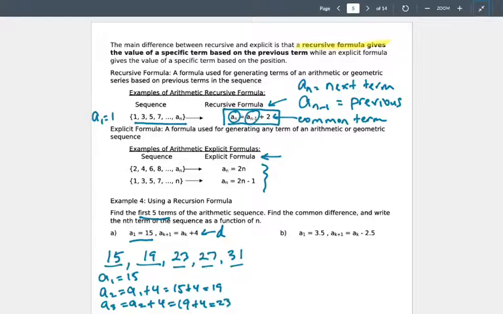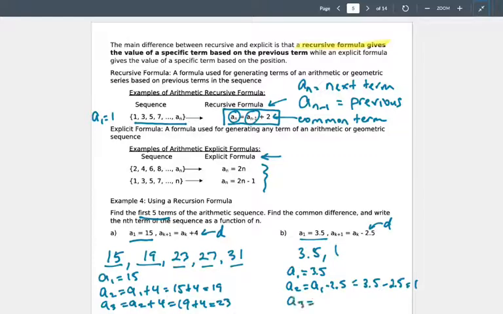So on the next one, our first term is 3.5. So we're going to take that 3.5, and this time this is my common difference, so we're subtracting 2.5. So if a1 is 3.5, to get a2, I'm going to take a1 and subtract 2.5 from it. So that'll be 3.5 minus 2.5, which is just 1. So that'll be the next number in my sequence.